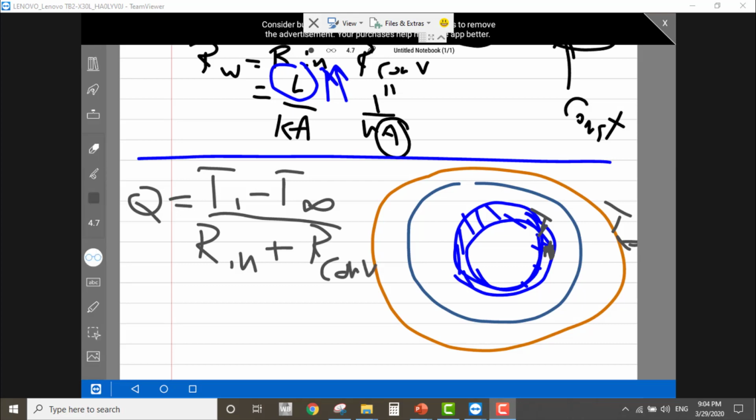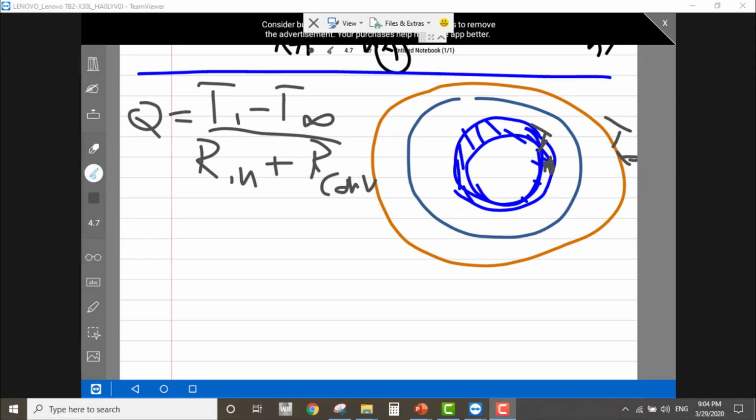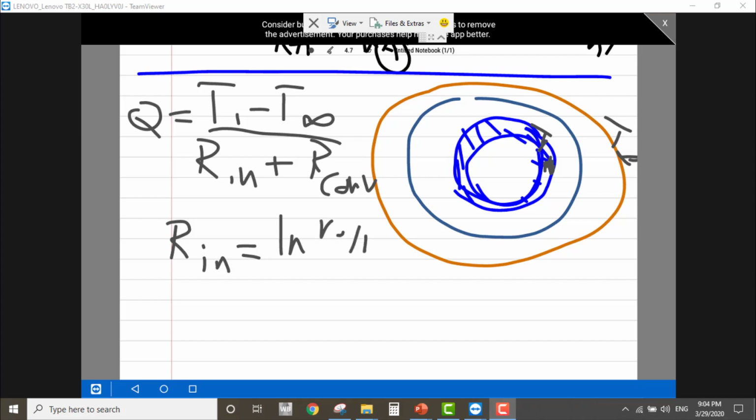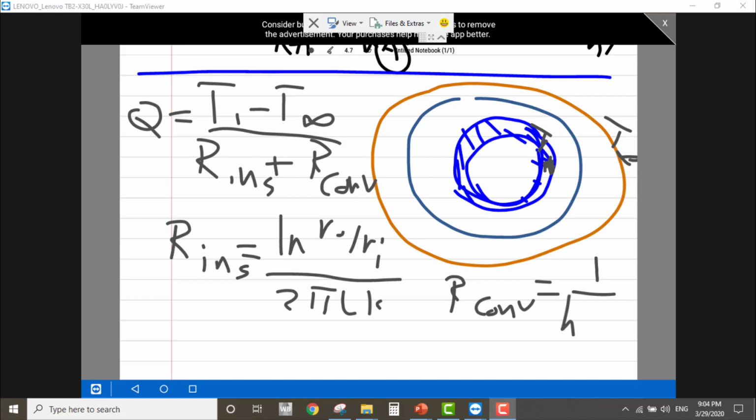So for the cylinder, R insulation for the conduction case is equal to ln of R out over R n, divided by 2 pi L k, and R convection is equal to 1 over h area out.